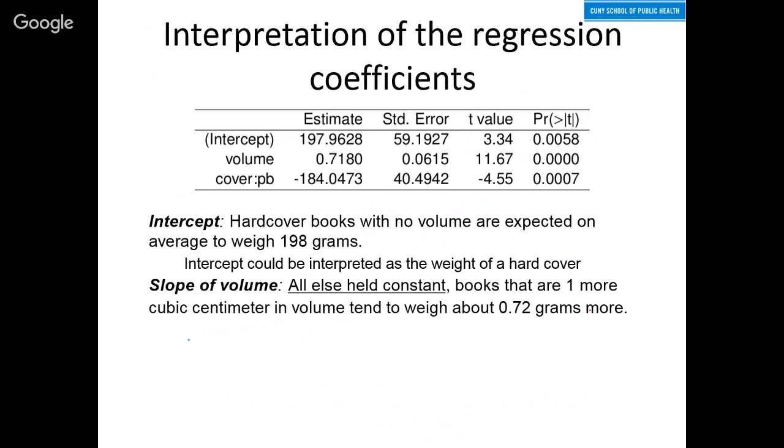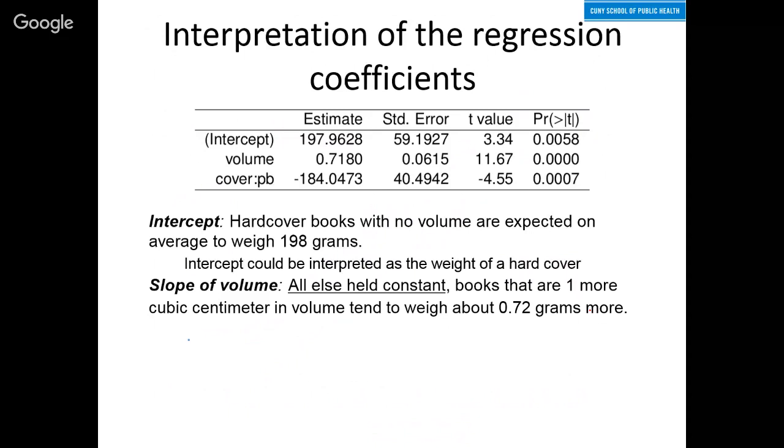We've been over all of this stuff, but just to make sure it hits home, that intercept corresponds to the reference category, hardcover books, and it's the weight of a hardcover book with 0 volume. That's expected on average to weigh 190 grams.